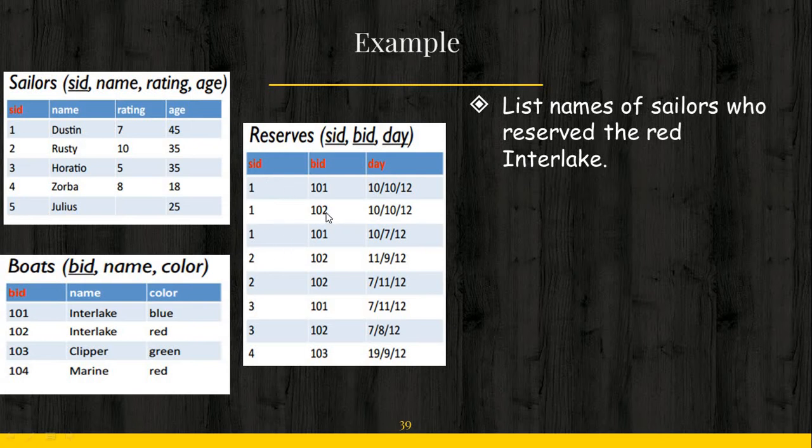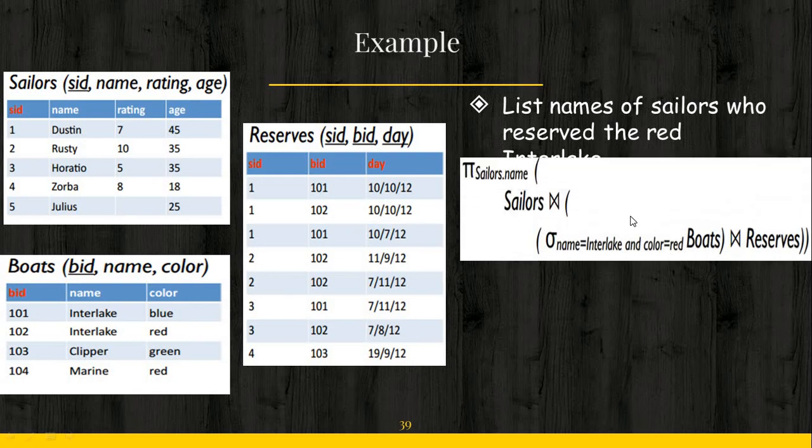So I can see that 102 is reserved by sailor ID 1, 2, and 3. So I can say that these IDs are for Dustin, Rusty, and Horatio, and I have to find out these names from the sailors table.